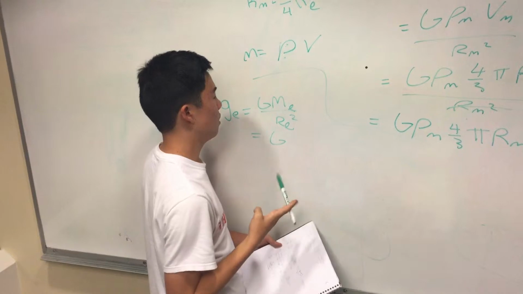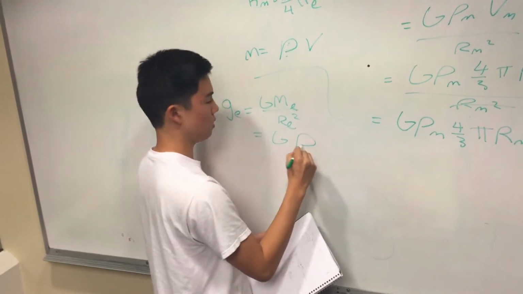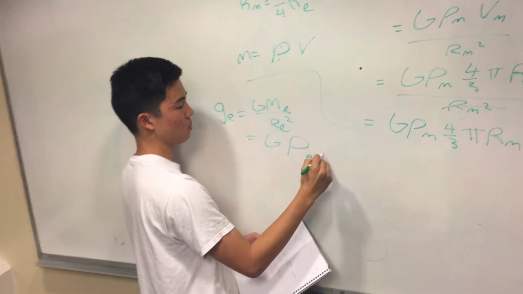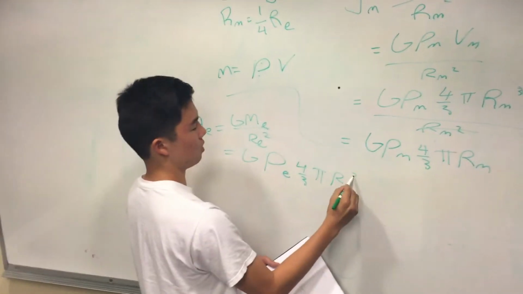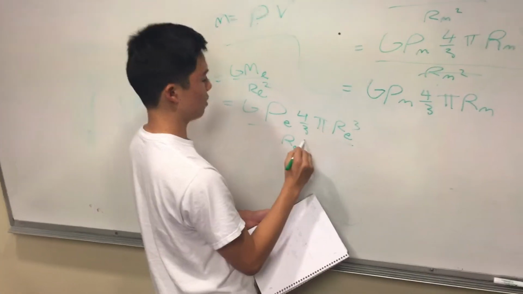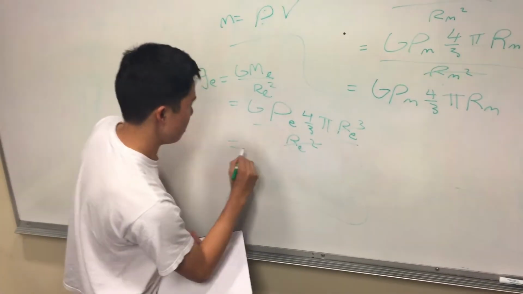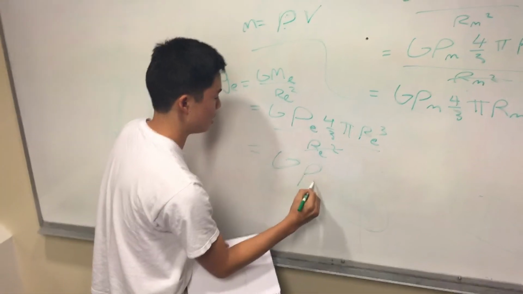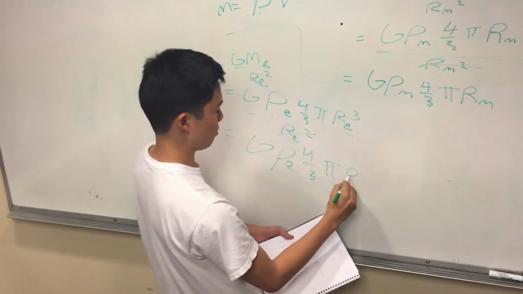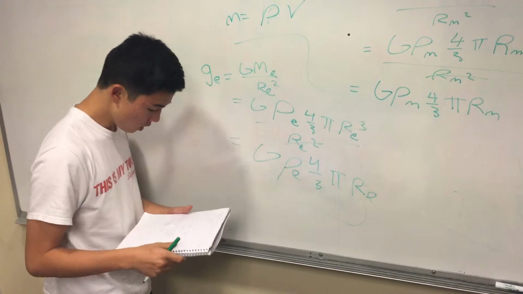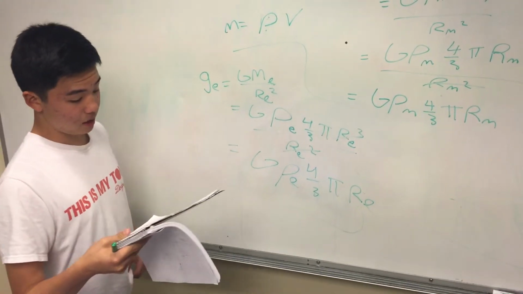So G times density of Earth times 4/3 pi R of the Earth cubed over R of the Earth squared. Do some simplifying, and then you'll get G times density of the Earth times 4/3 pi times the radius of the Earth.